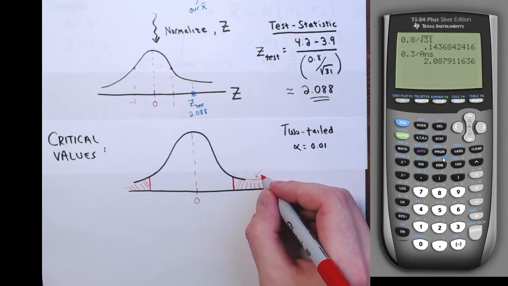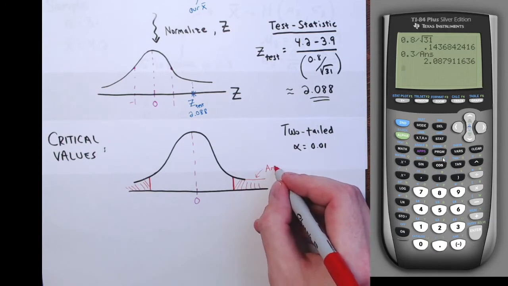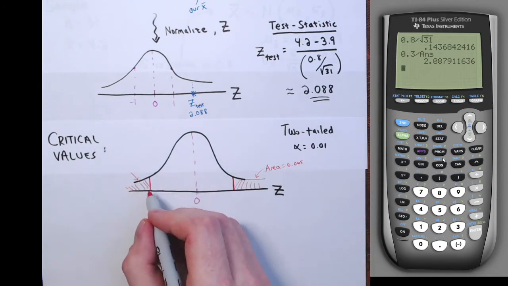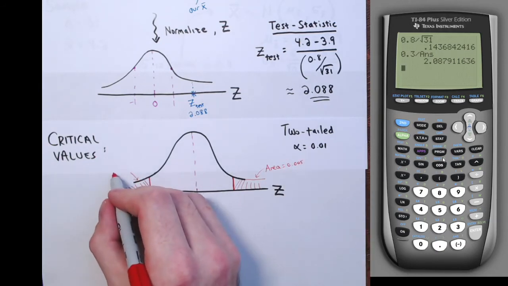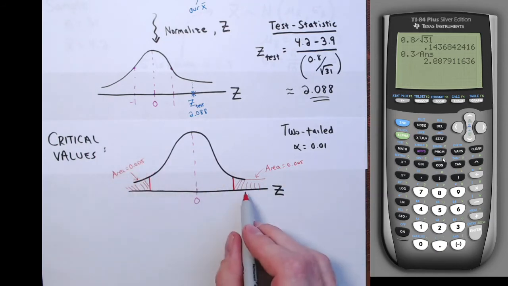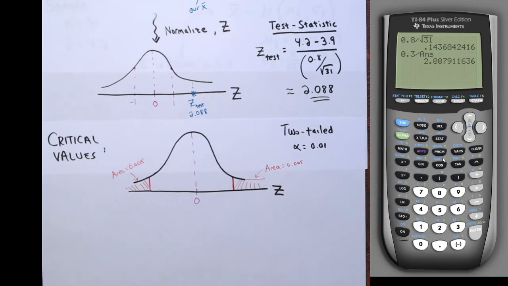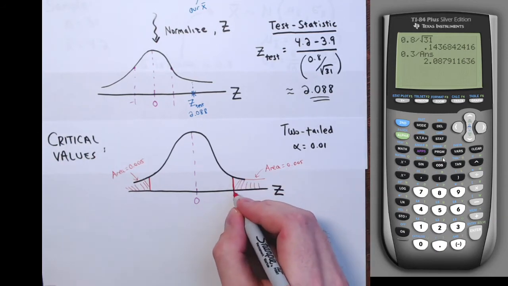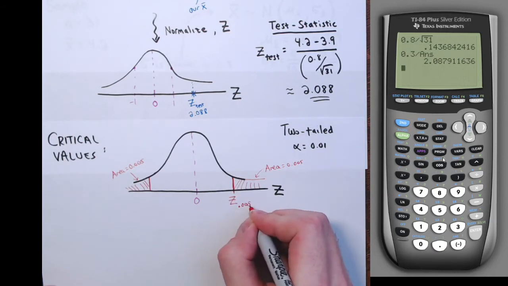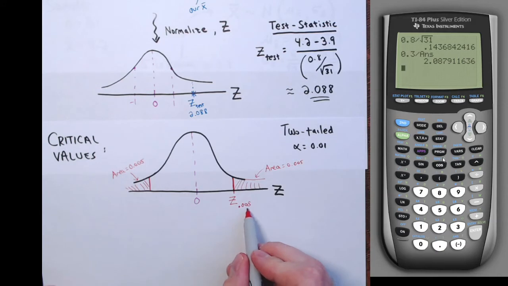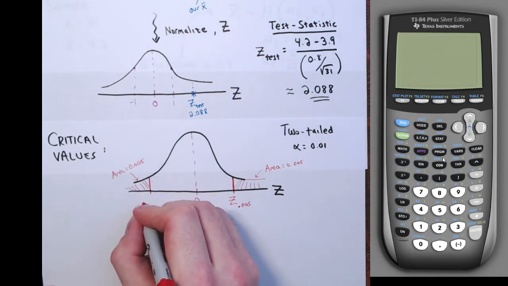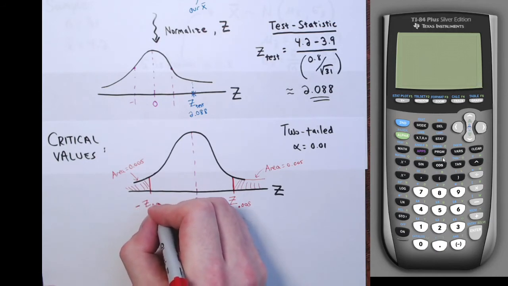That means I want the z-score with an area of 0.5%, 0.005, and over here, the z-score that has an area of 0.5%, so it makes a total of alpha, a total of 1%. This z-score is the z-score with an area of half of alpha, 0.005 to the right. That's the z with a subscript of 0.005. And this value over here is just the opposite, negative z with an area of 0.005.